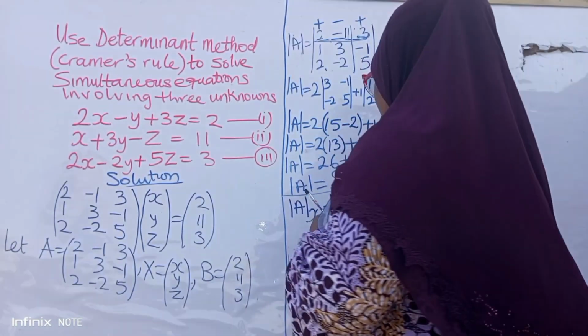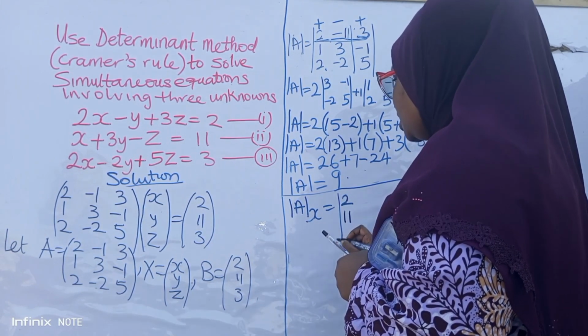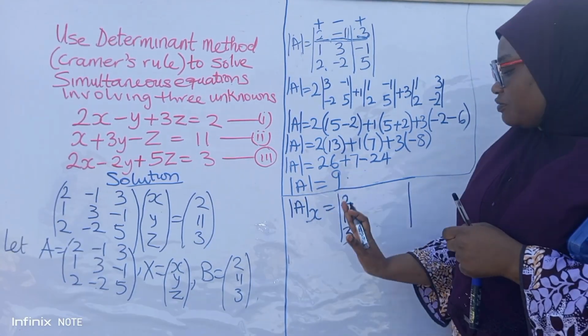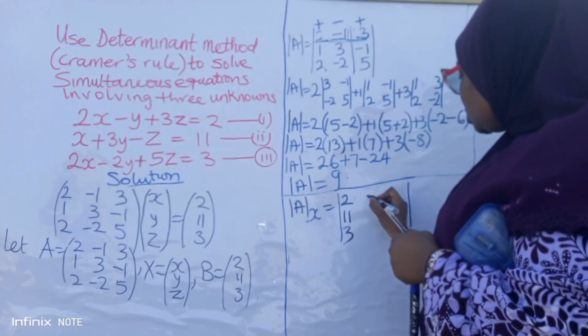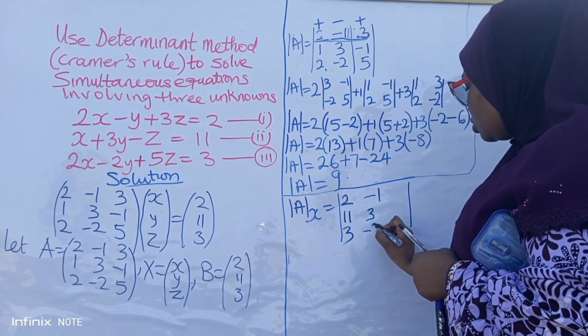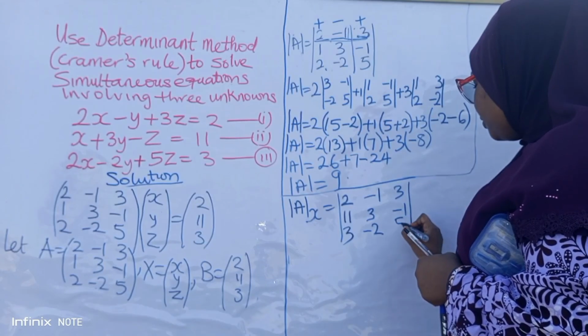That is 2, 11, and what? 3. So you are changing the first column of matrix A. So the others remain: minus 1, 3; 3, minus 1; minus 2, 5.